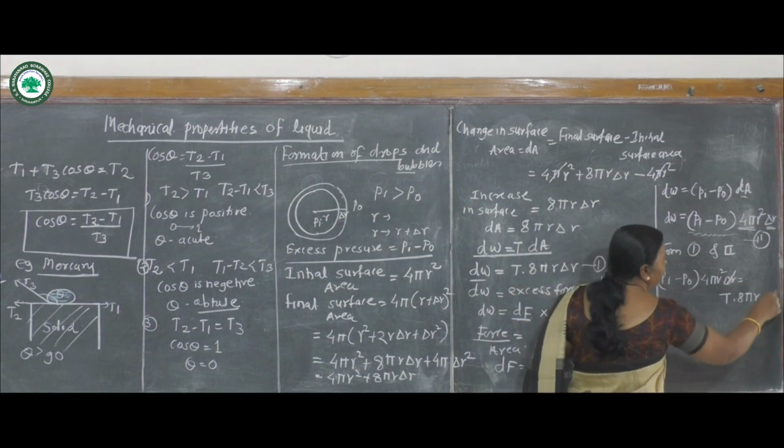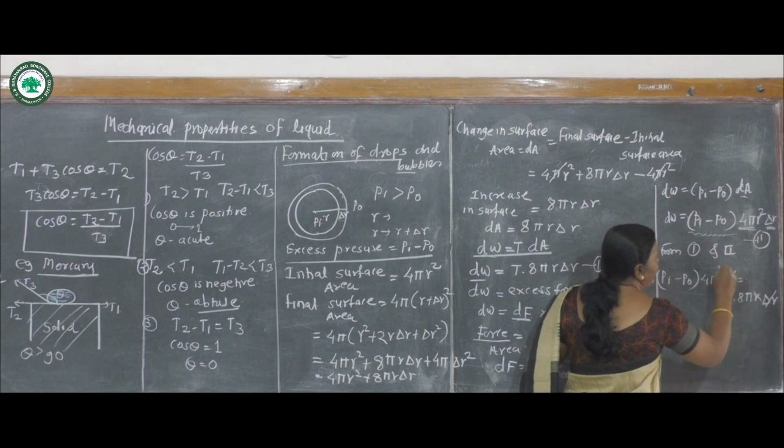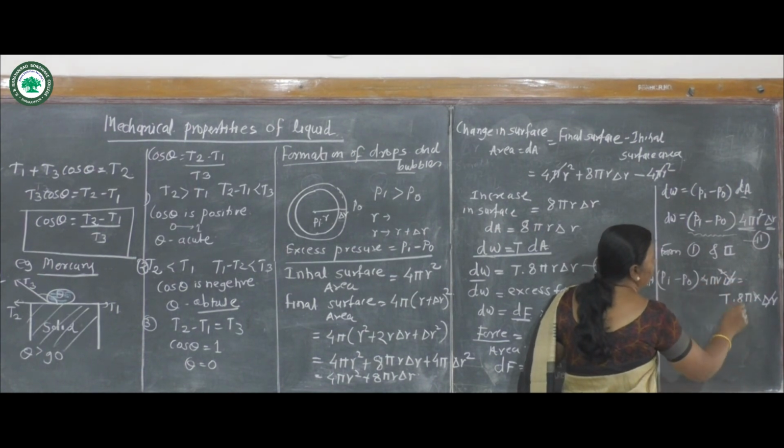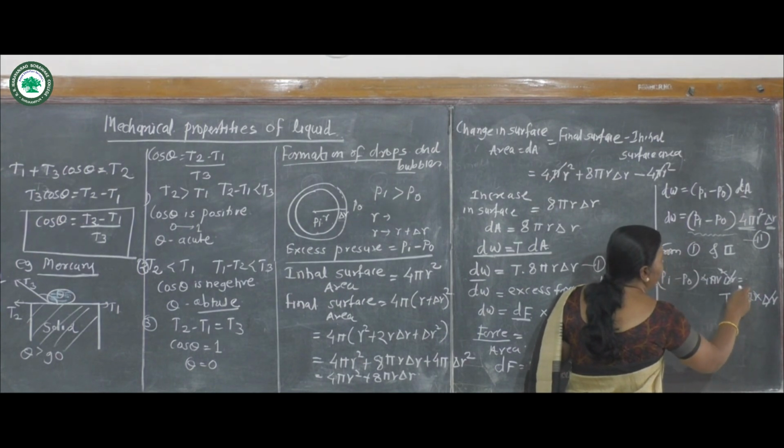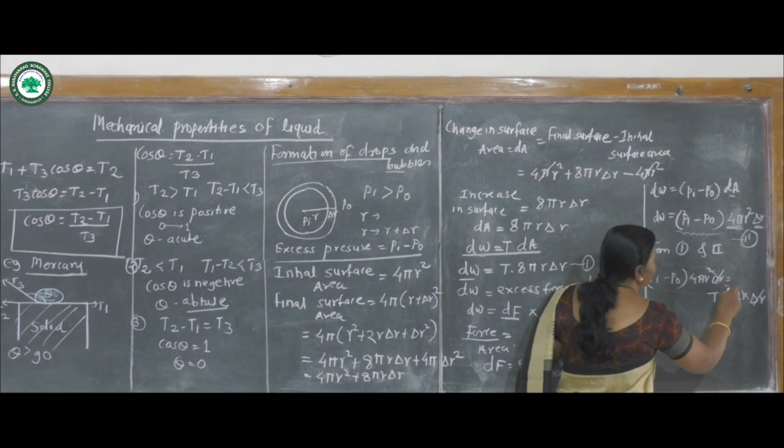Delta R gets cancelled, one R gets cancelled, and 4 and 2 pi get cancelled, leaving 2.